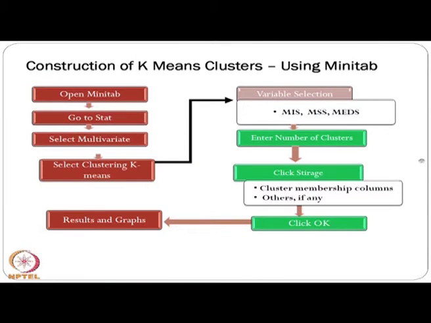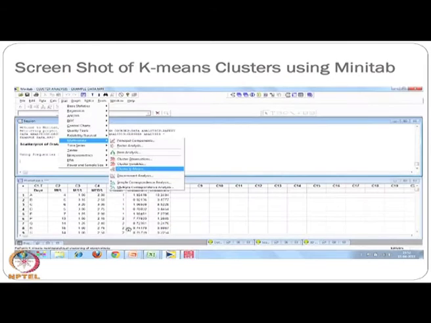Now, if you want to use Minitab for K-means clustering, then you go to Minitab, go to Stat, select multivariate, select clustering K-means, then you select variable, enter number of clusters, click this storage, and then click OK, you will get the results, and this is the snapshot.